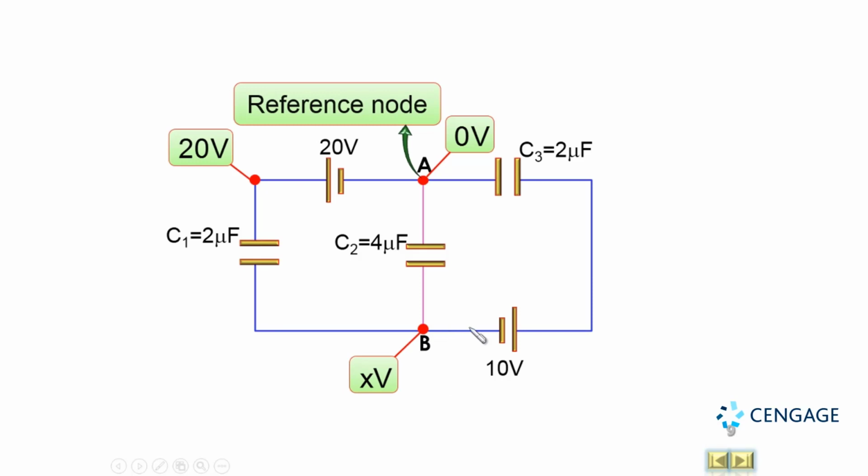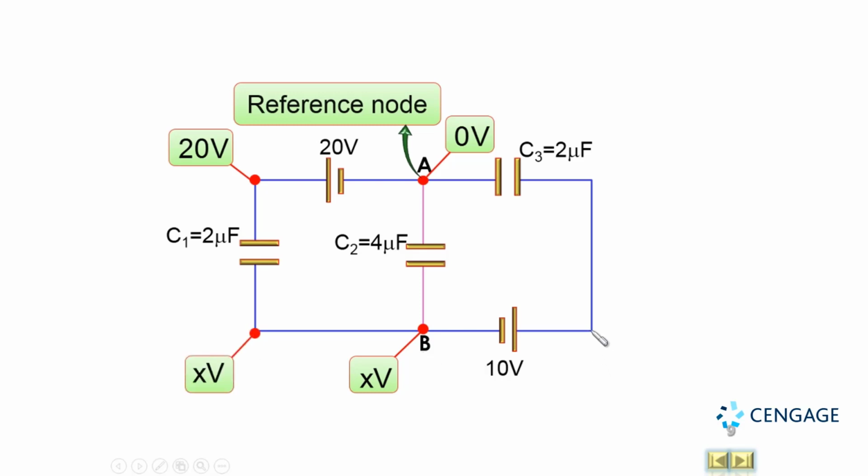You can observe this battery has a potential difference of 10 volt. Then we assign the potential of this point as x volt. That means the potential of this point should also be x volt because no other circuit element is connected across these two junctions. So this is also x volt.